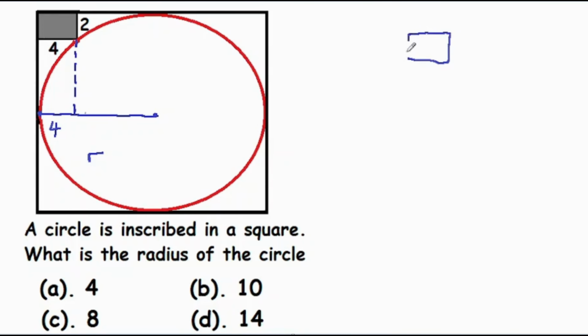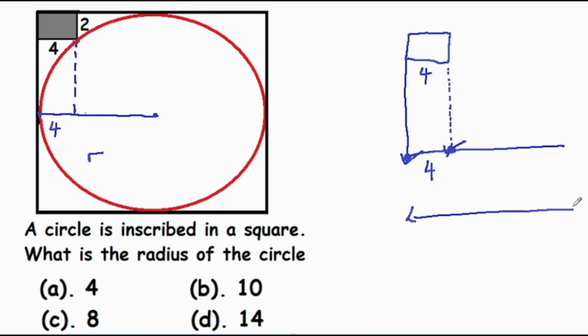The rectangle is something like this. We have 4 centimeter here, so we have this line joining here, so I have this dotted line like this. Good. So now from this point to this point is 4 centimeter. From here to here is 4 centimeter, and we know that the whole of this line is the radius.